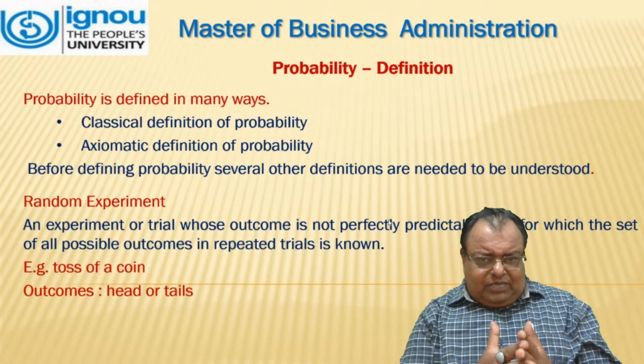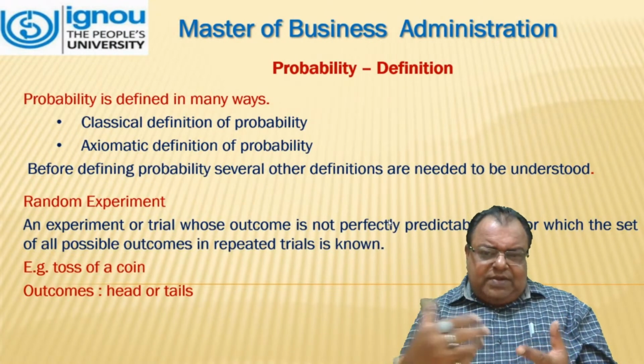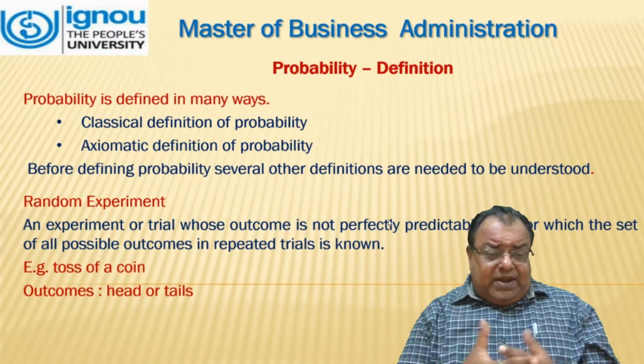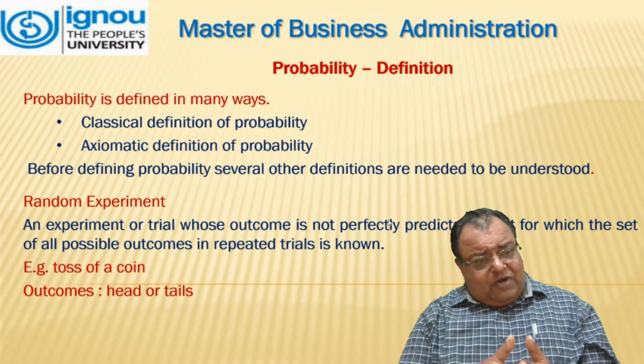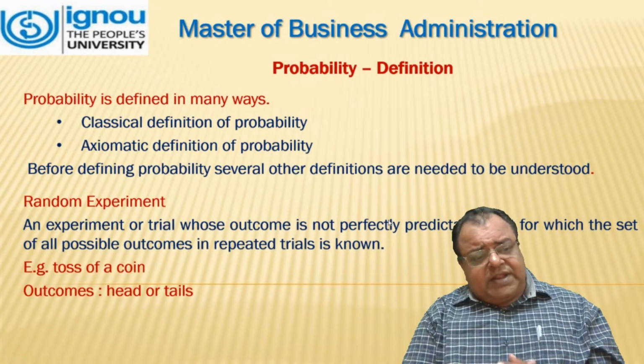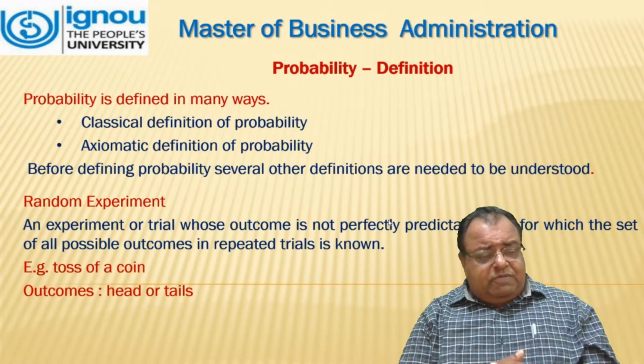Now, moving further, we will find out what the different definitions of probability are. We have two basically used definitions, that is the classical definition of probability, and the second one is the axiomatic definition of probability.